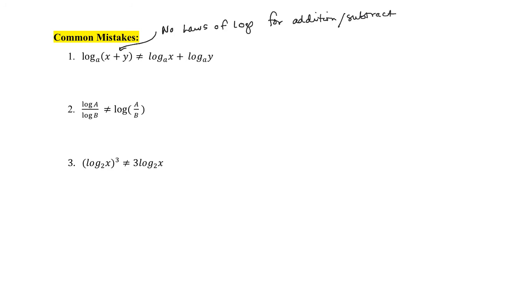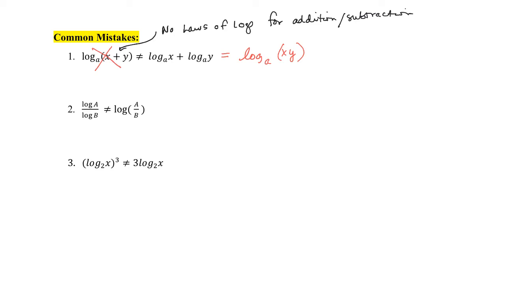Actually what we know is that log base A of X plus log base A of Y is equal to the log base A of X times Y. So it is not log base A of X plus Y.